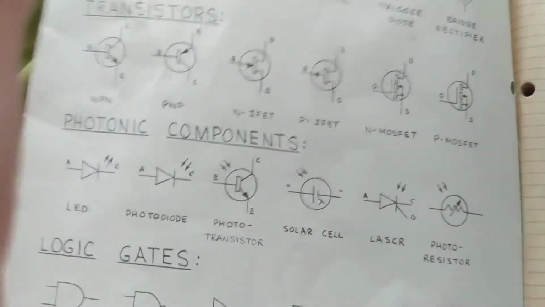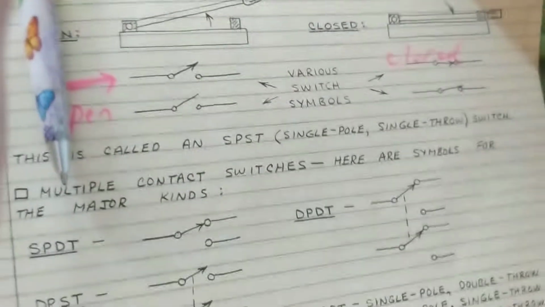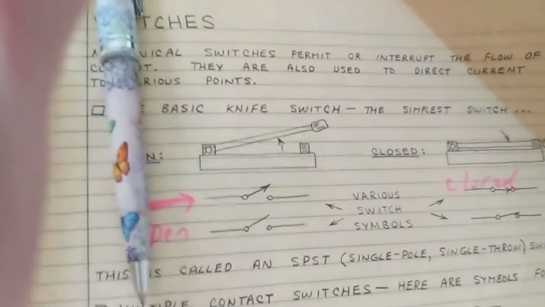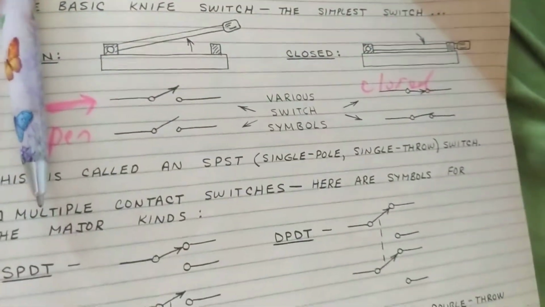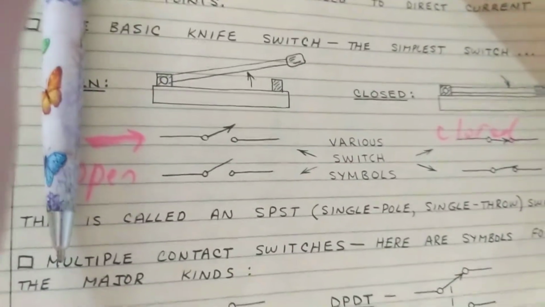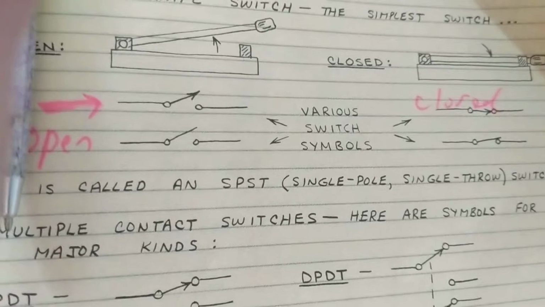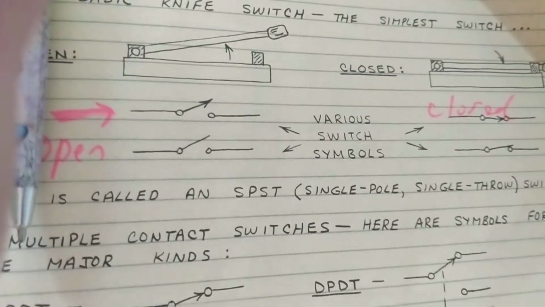Now, to go to something else, something called switches, and this will be my final thing. The world of electronics or electricity would not exist without something called a switch. Switch is the most essential, the most important thing of a circuit. Think about it.